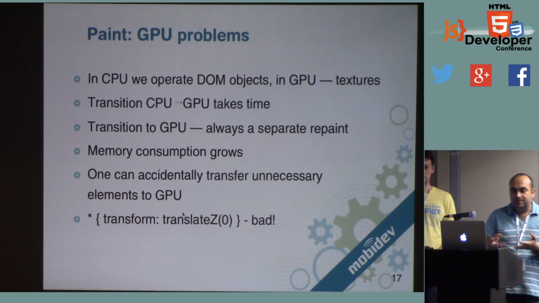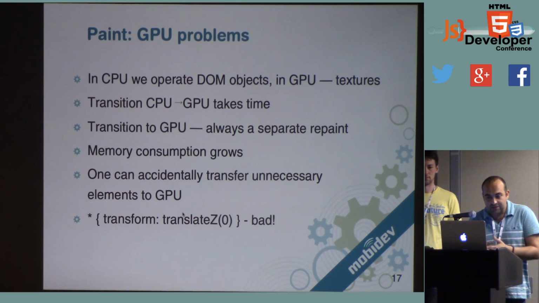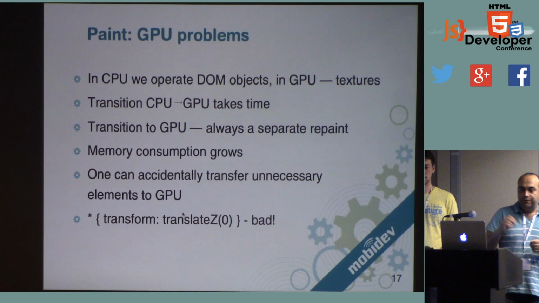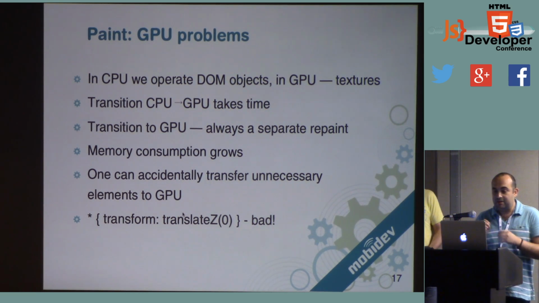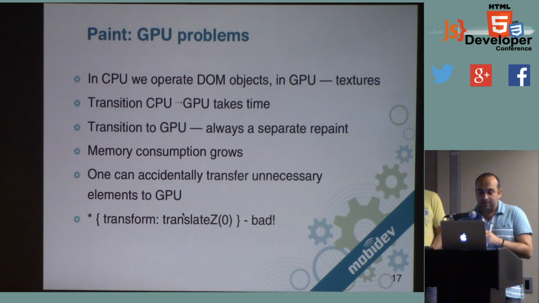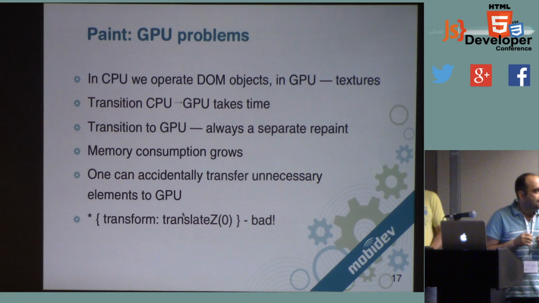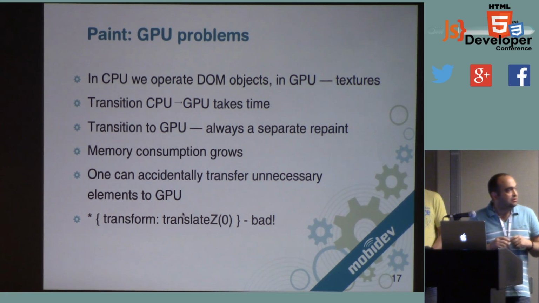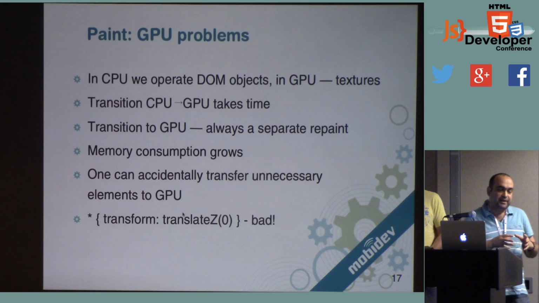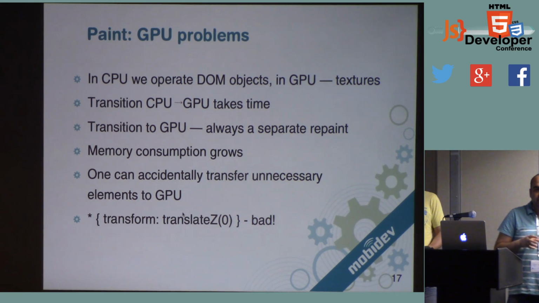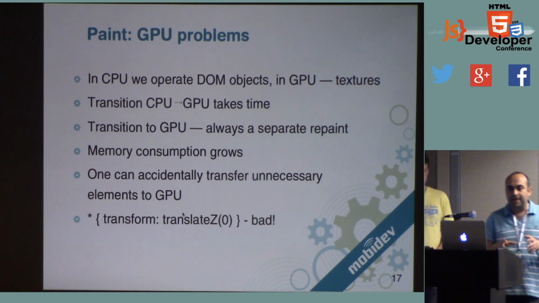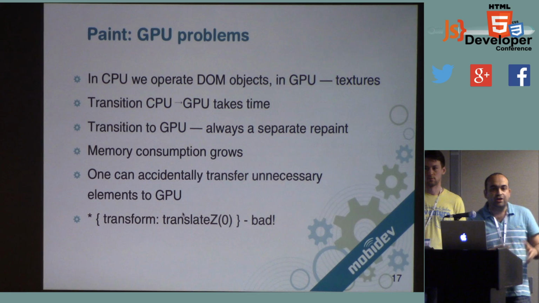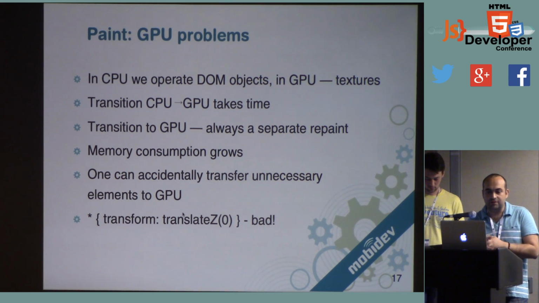The same transition of your elements to the GPU is always a separate repaint, and for this reason memory consumption grows, because in your application at the same time you have the DOM structure and GPU textures.